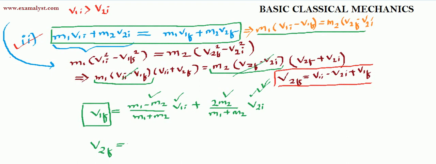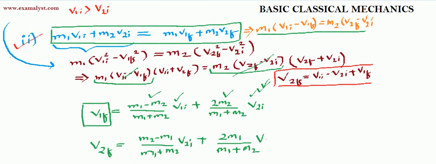Similarly, v2f has an expression that is (m2 minus m1) divided by (m1 plus m2), the same expression as above, into v2i, plus 2m1 divided by (m1 plus m2) into v1i, which we already know.